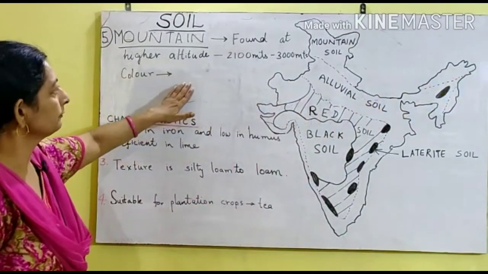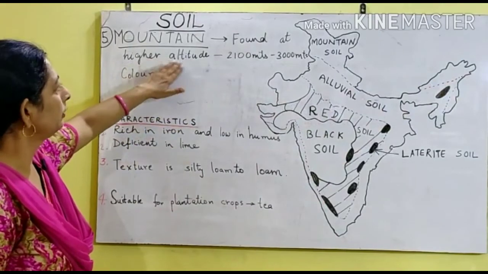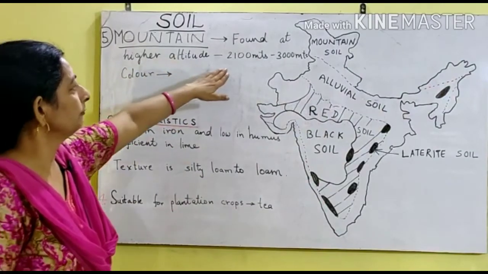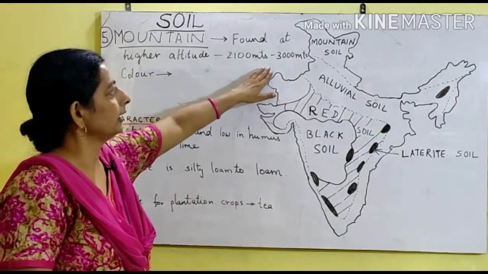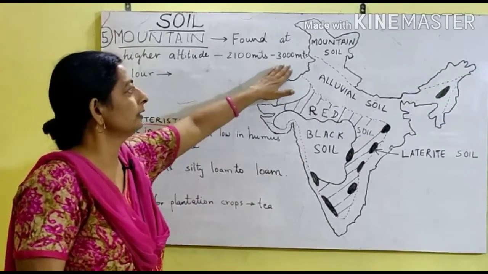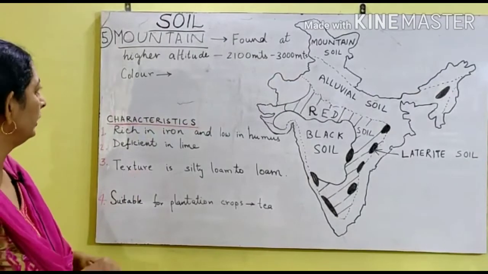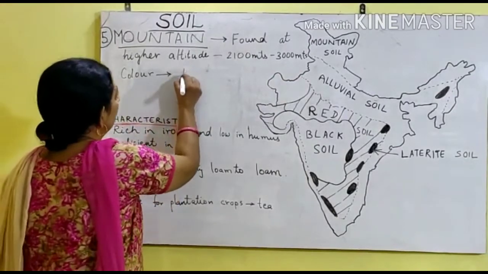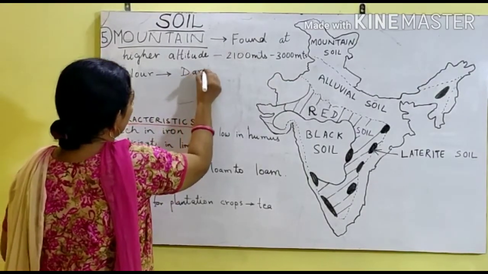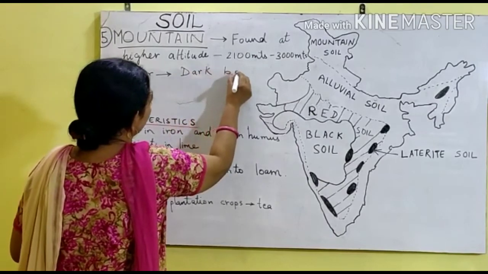Now this soil is found at higher altitudes, with a height of about 2100 to 3000 meters. In between this range, this mountain soil is found. The color of the soil is dark brown.